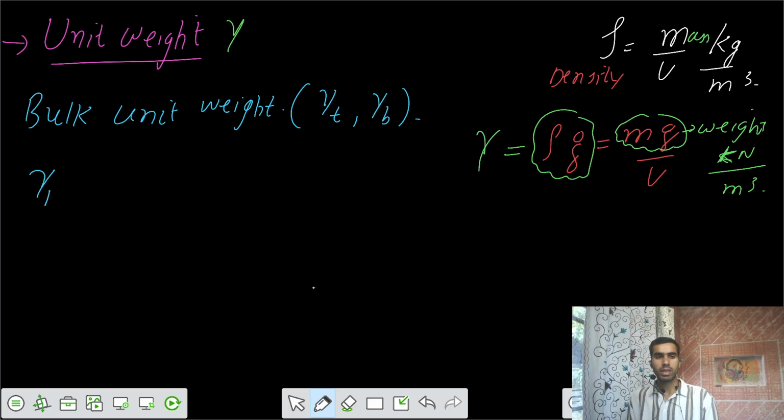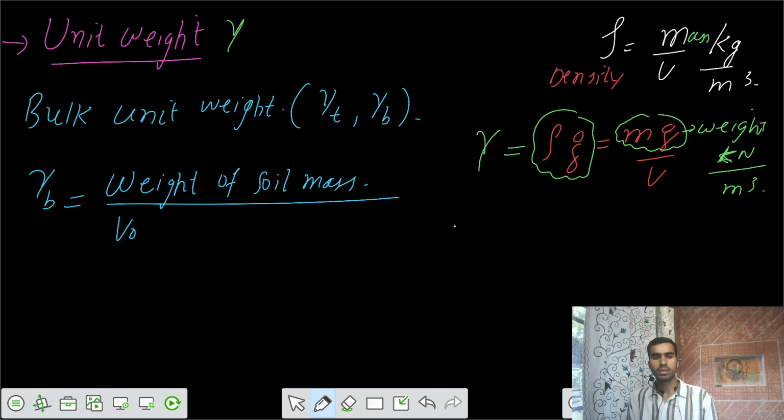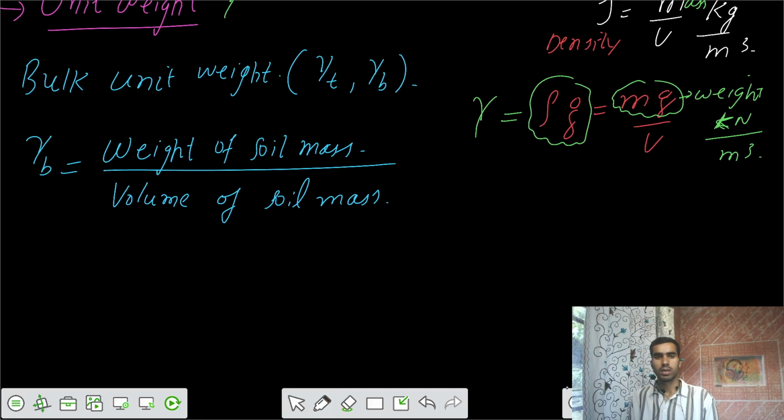So gamma bulk is the weight of the total soil mass divided by the total volume of the soil mass. We have some soil with some weight and some volume, and that ratio is what we call gamma bulk unit weight.